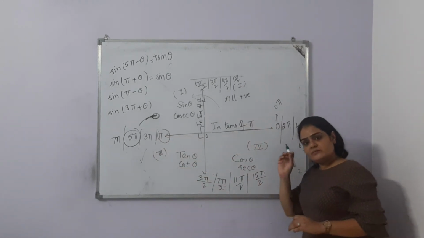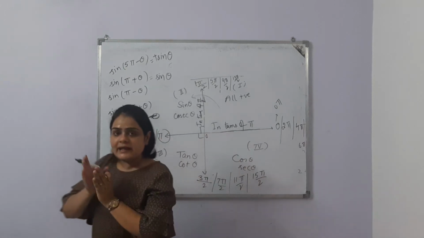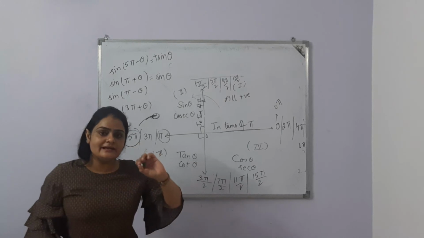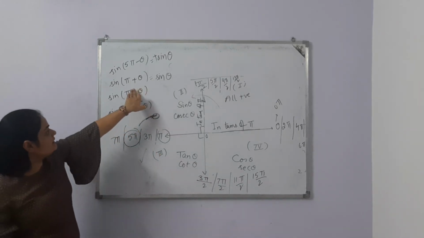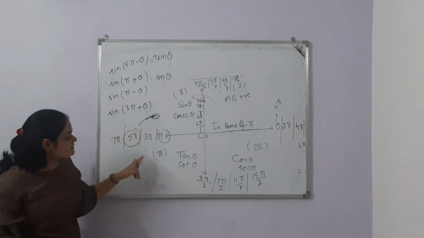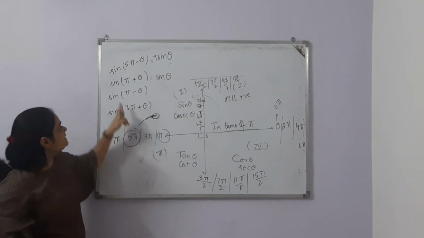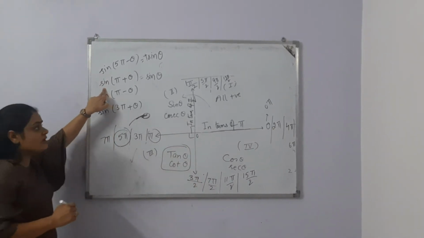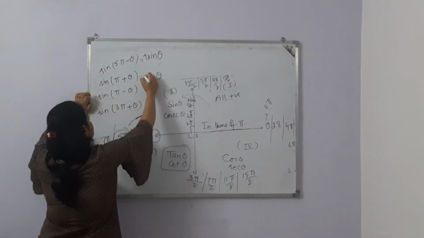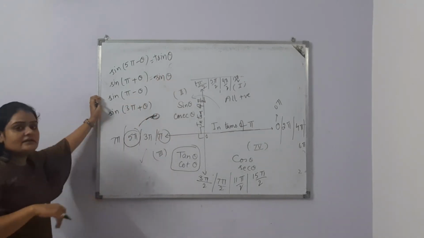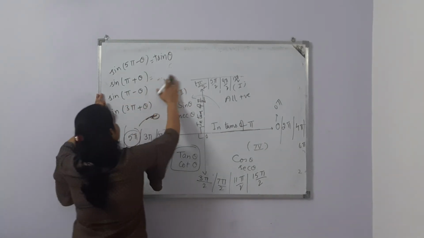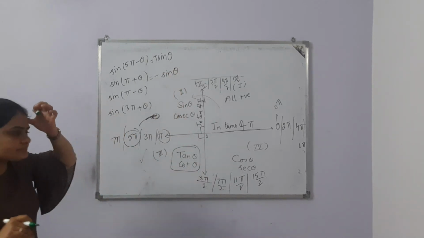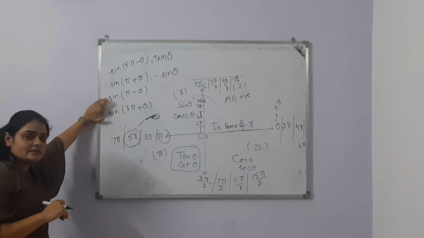Pi plus means angle pi and some angle we are adding to pi, the shortest angle we are adding to pi. So pi plus is the third quadrant, and in the third quadrant I know sine is negative because in the third quadrant tangent and cotangent are positive. So I am getting here the value minus sine theta.